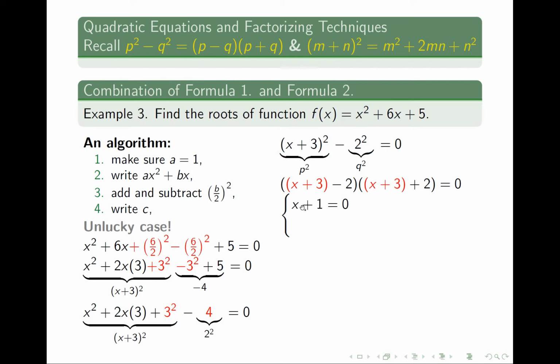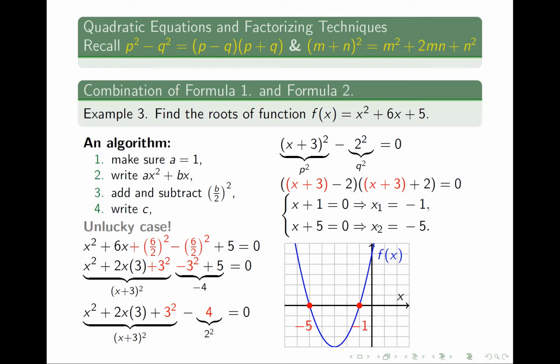So x plus 3 minus 2, which is nothing but x plus 1, equals 0. Thus one of the roots is minus 1. And the second expression, x plus 3 plus 2, is x plus 5. So x plus 5 should be 0, and then x2 is equal to minus 5.